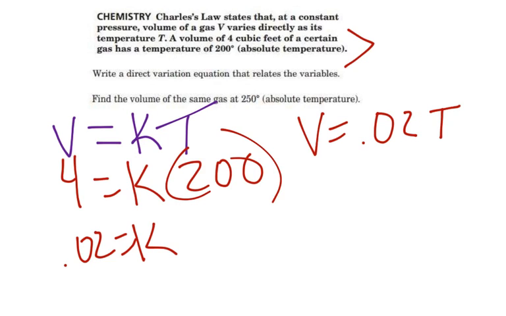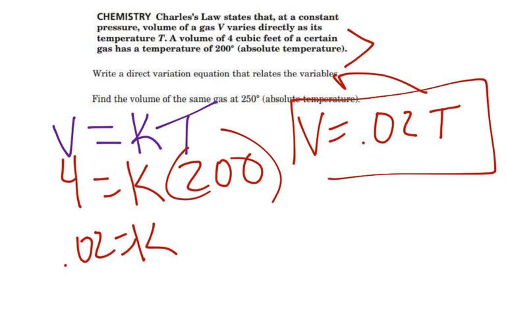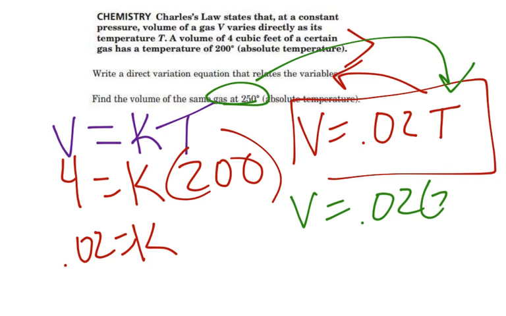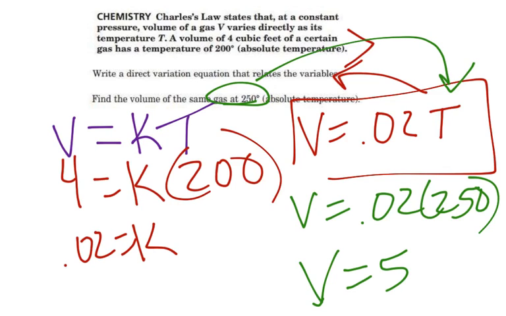Times T. There's your equation, which is the answer to part 1. Then they want to know the answer for the same gas at 250. So you just plug that back into that new equation. V is equal to 0.02 times 250. And so your volume is equal to 5.